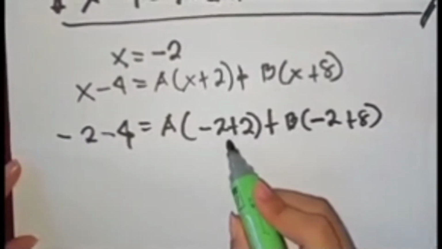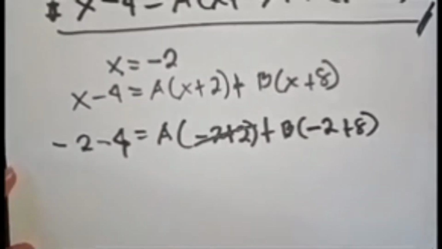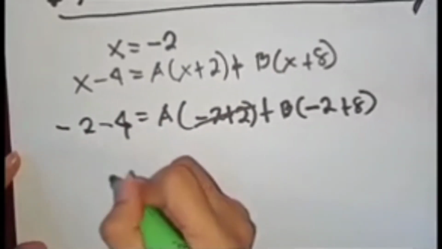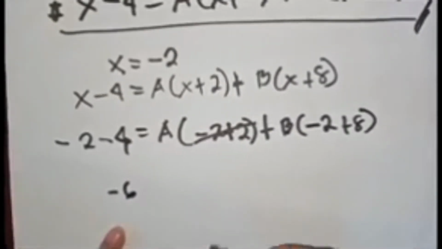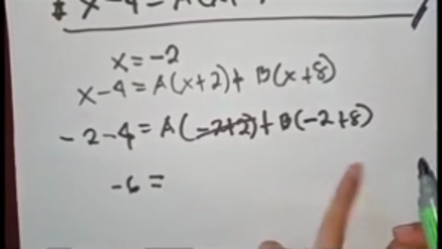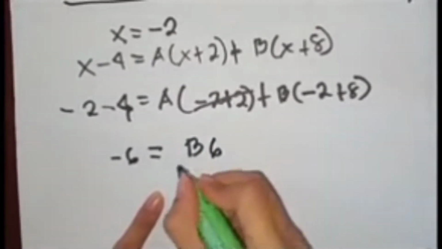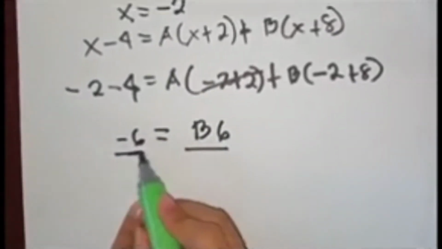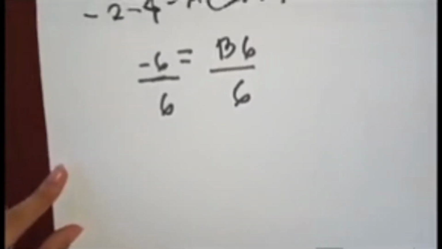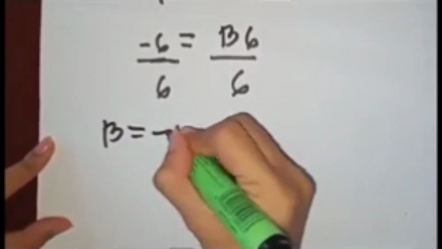Okay, negative 2 plus 2 will be cancelled. And our answer is negative 2 minus 4 is equal to negative 6, equals B times positive 6. So we will divide both sides by 6. So the answer will be B is equal to negative 1.